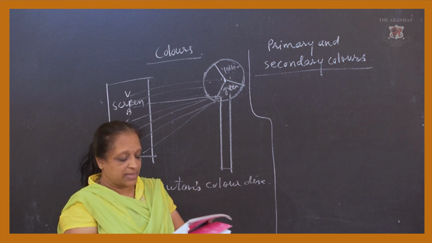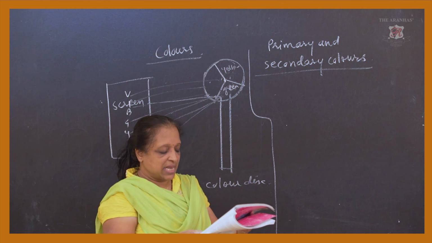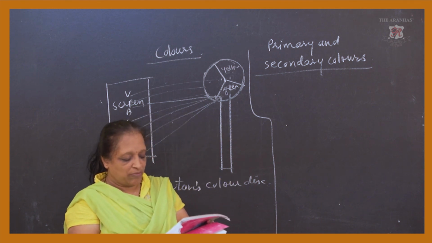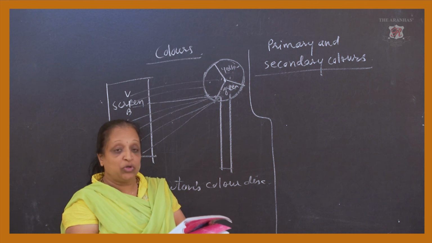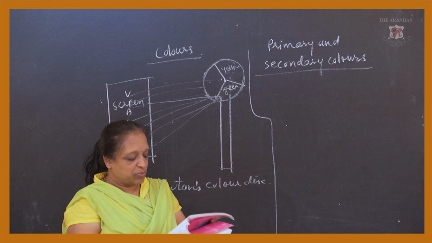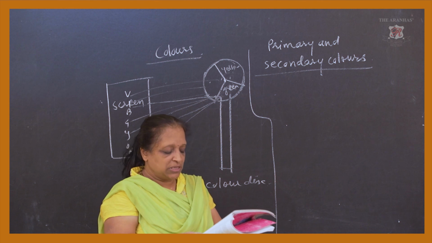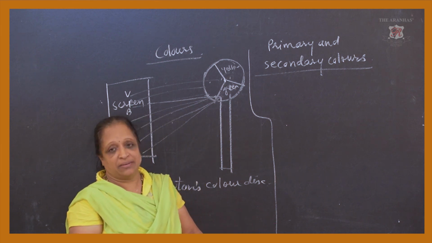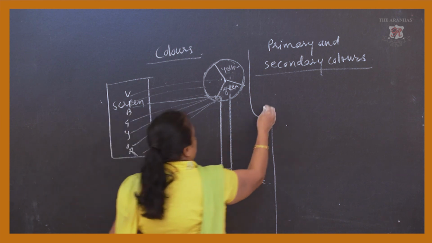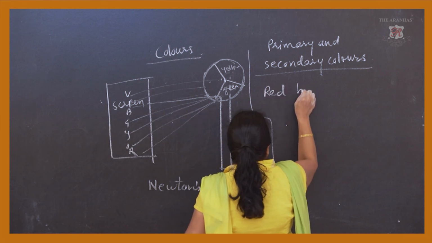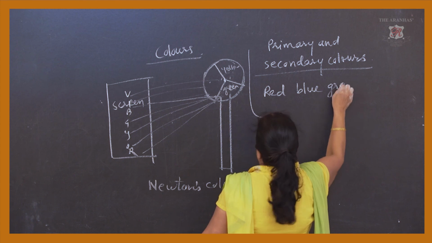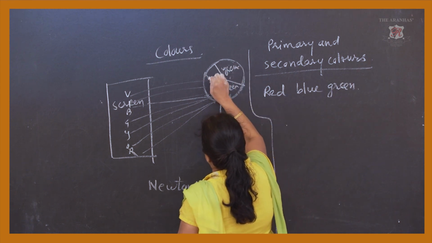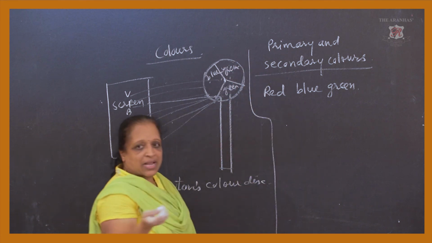Such colors are called primary colors because they can be mixed in different proportions to get not only white but all the colors, and 2 of them can be mixed to produce the third. Usually when we speak of primary colors, we mean red, blue and green. So red, blue and green. Here you can choose green and here you can choose blue.